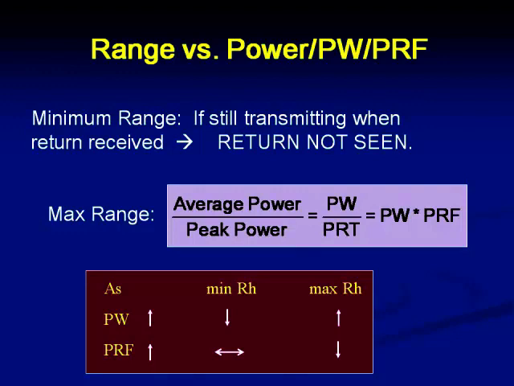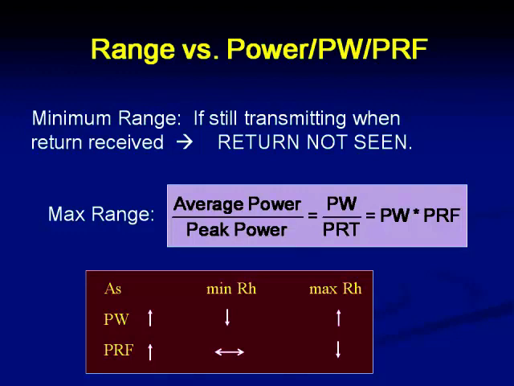Now let us discuss the effect of increasing the width of the transmitter pulse. Suppose you have a long pulse width. At the start of the pulse, the antenna starts radiating, and if the target is very close by, it reflects the energy, but as the antenna is still connected to the transmitter radiating the long pulse, the reflection will be lost, and hence you can see that there is a dead zone before the transmitter.